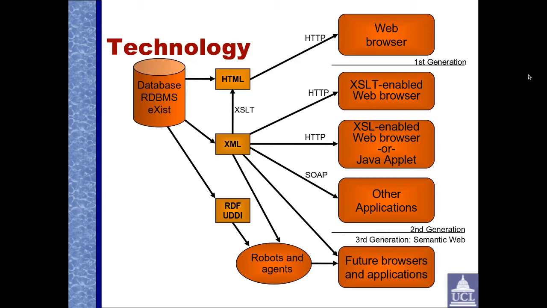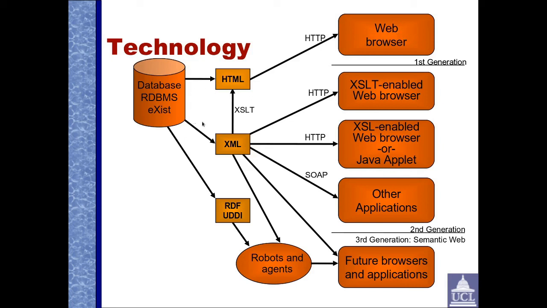So this kind of takes us through those sorts of options. If we have some set of data, perhaps in a relational database or in your brain or in an XML database, what happens with the normal web is that it gets converted into HTML. It goes over HTTP to a web browser. That was the envisaged first generation.